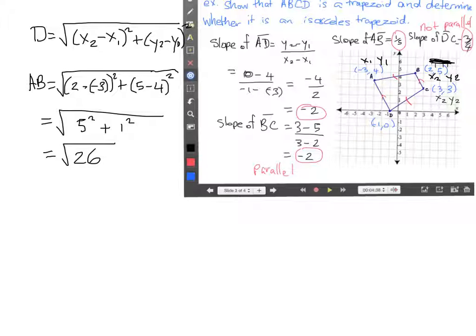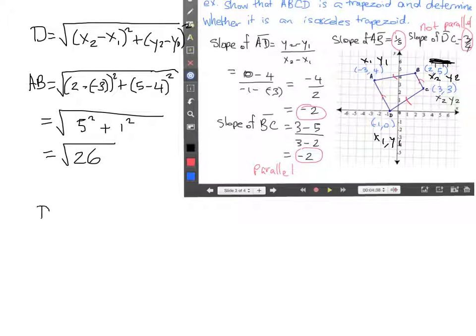Time to check the length of DC. So again, I'm going to label this, and since this is already saying x2, y2, I think we can keep that as x2, y2. And I'm going to call this x1, y1. And now we can figure out the length of this line, DC or CD, whichever you prefer.